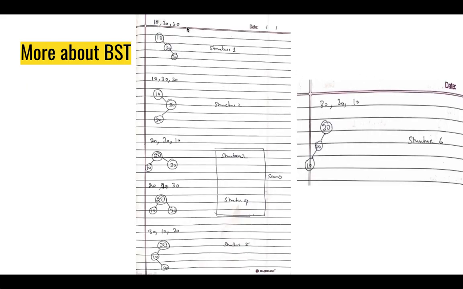Let's say 10, 20, 30, you construct this kind of a tree, 10, 30, 20, you construct this kind of a tree, and so on. Now, as we discussed, when we are supposed to find 30 in the structure 1, we actually took comparison of n elements, n being the number of elements, which is 3 in our use case.